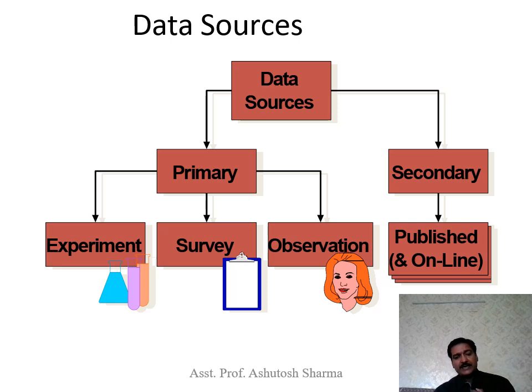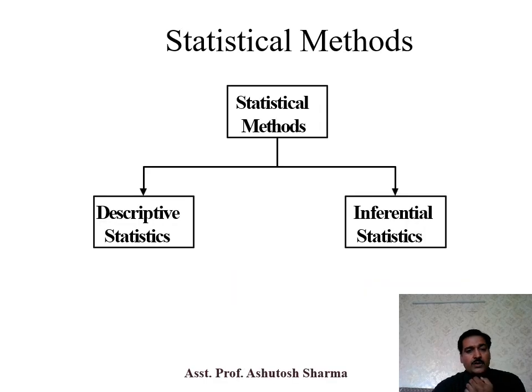And secondary data means the data or information which has already been published or is available online. Someone else has collected that information, it is not fresh data, so that is considered a secondary data source. On the basis of the two types of data, qualitative and quantitative, we come to know what kind of appropriate statistical techniques we can apply.